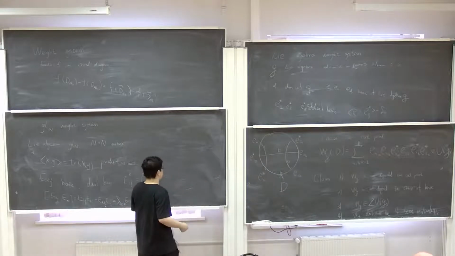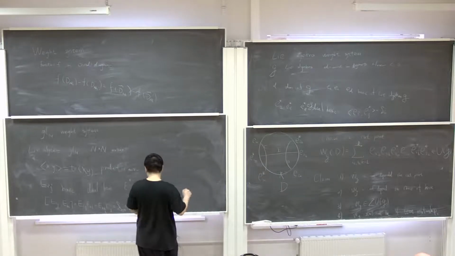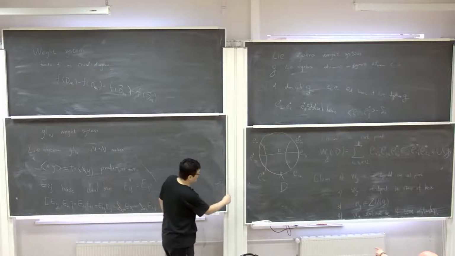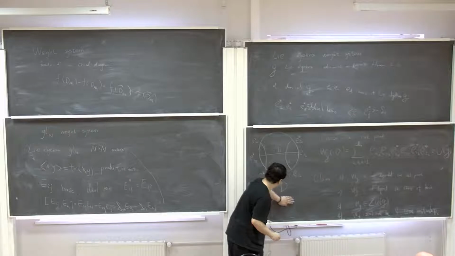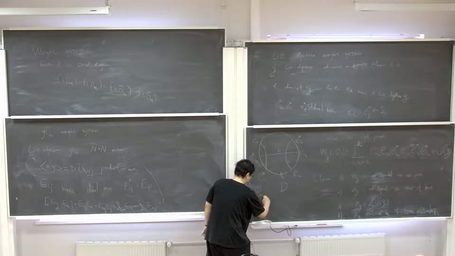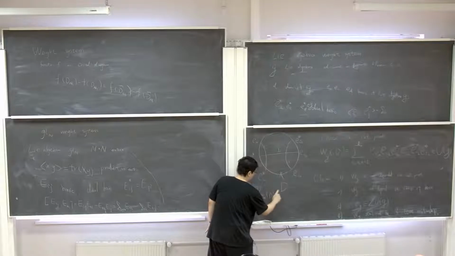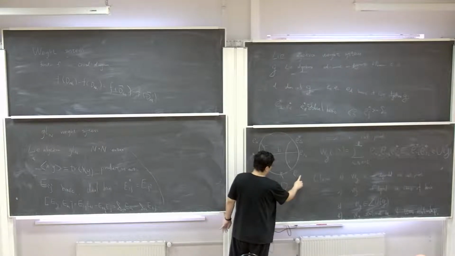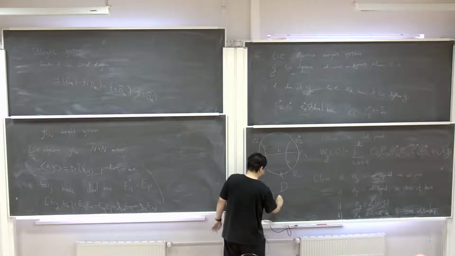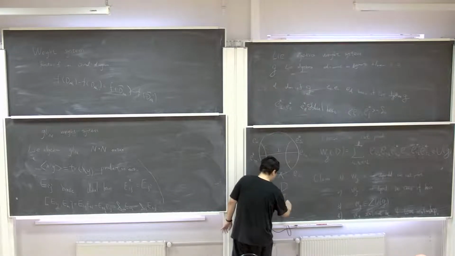I'm not asking about the result. I see, so just right here. You have enough place here. Yeah, so the weight system GLN of this chord diagram D. Just write down.